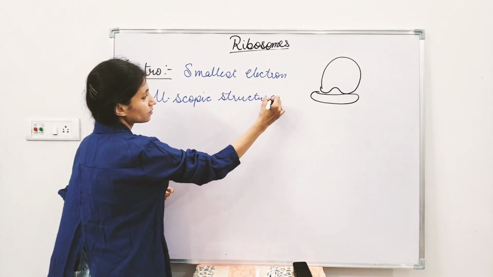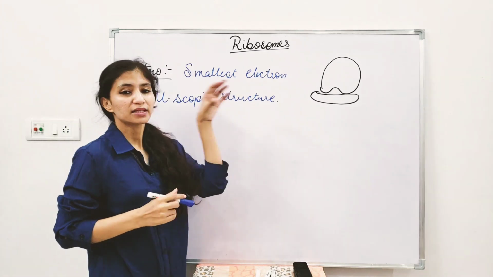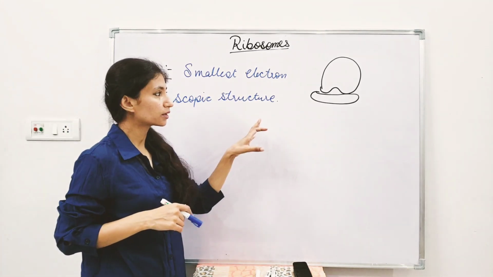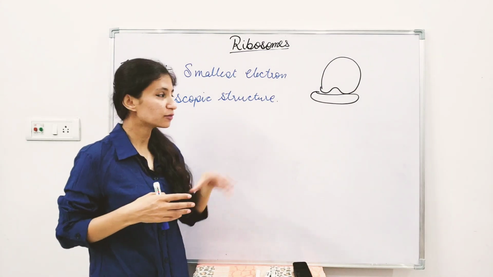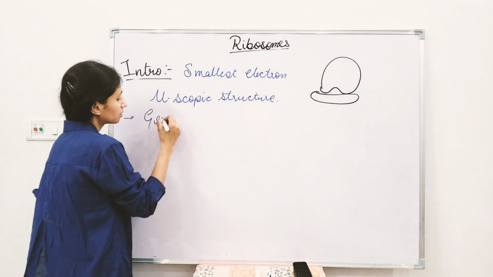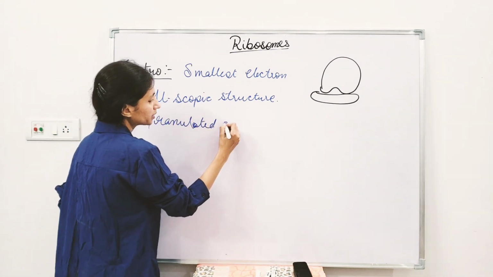These ribosomes are the smallest ones that you will find in the cell, as a cell organelle. These are granulated structures.